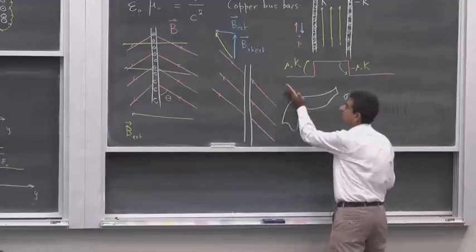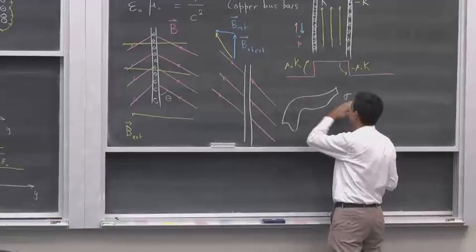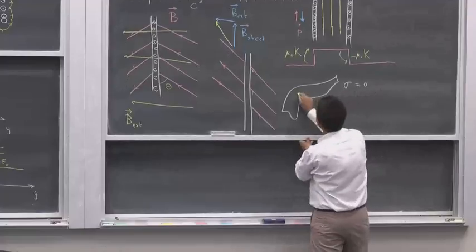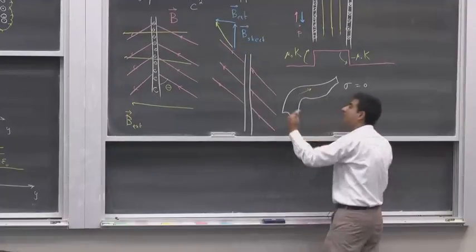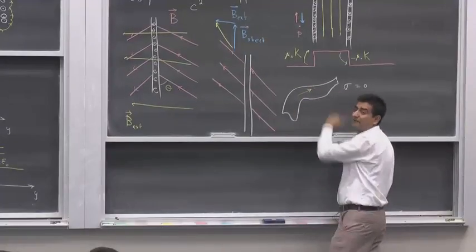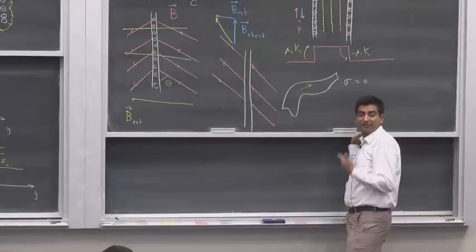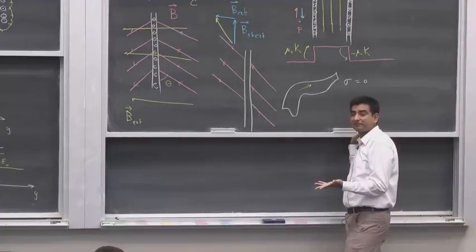There is no electric field normal to the surface of the conductor because this is 0. And it is impossible to have an electric field parallel to the surface because this electric field will cause charges to flow, but that's not possible because it's a condition of static equilibrium.